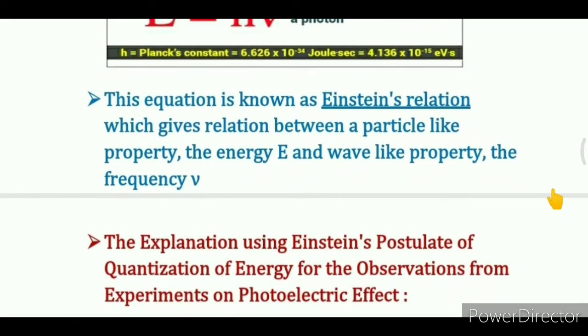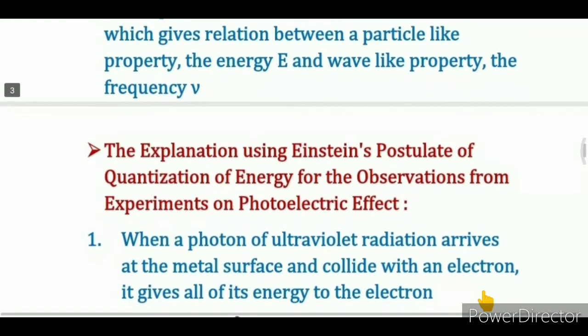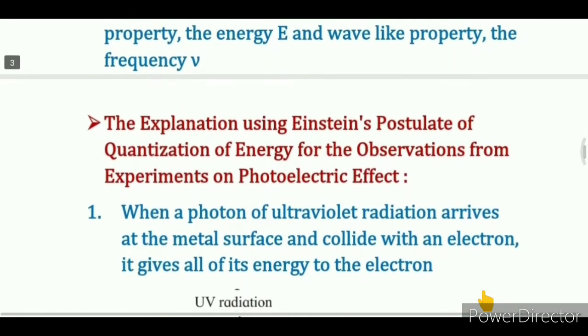Last time we had started the explanation using Einstein's postulate of quantization of energy for the observations from experiments on photoelectric effect, and in the last lecture we had discussed the photoelectric equation.